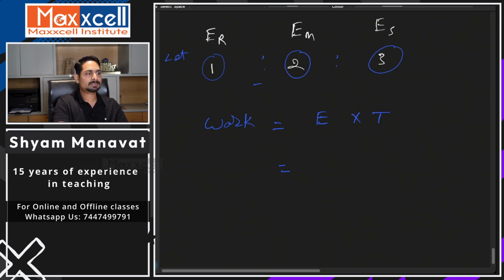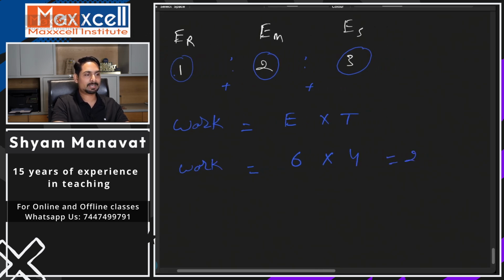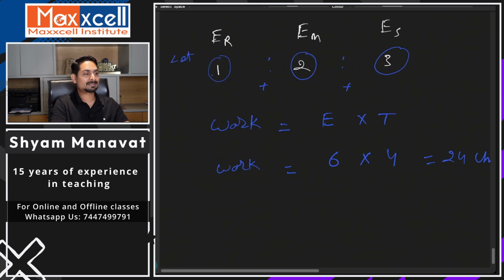So what is the together efficiency? 1 plus 2 plus 3. That's simple calculation. 6. How much time are they taking? 4 days. What is the total work in units? 6 fours are 24. So we can take the work as 24 units this time.